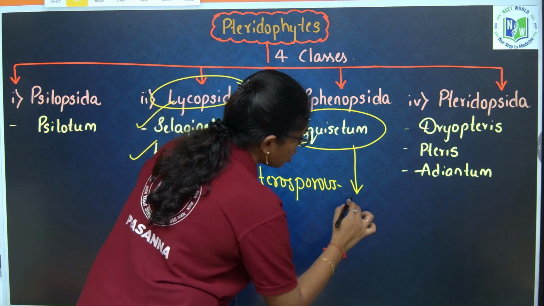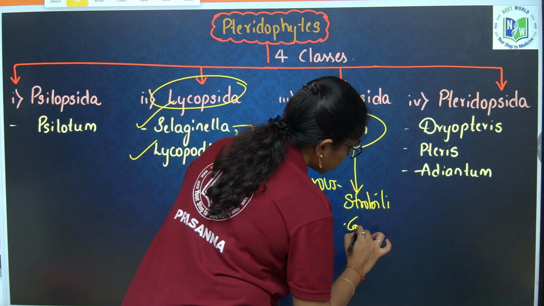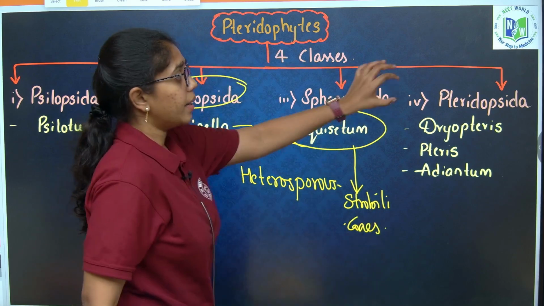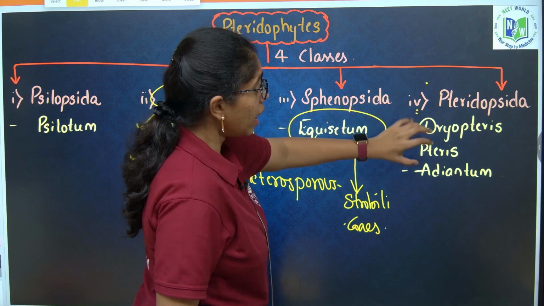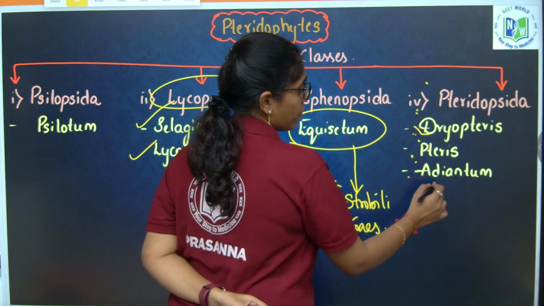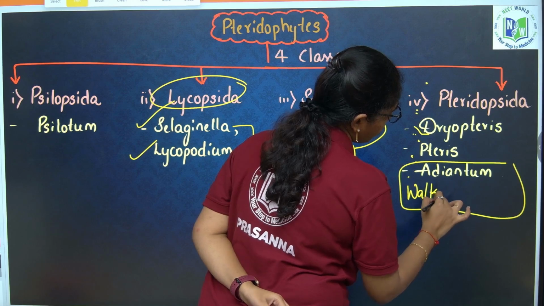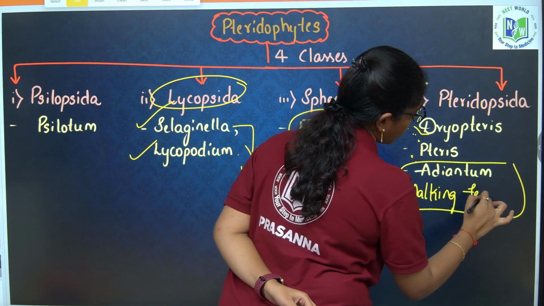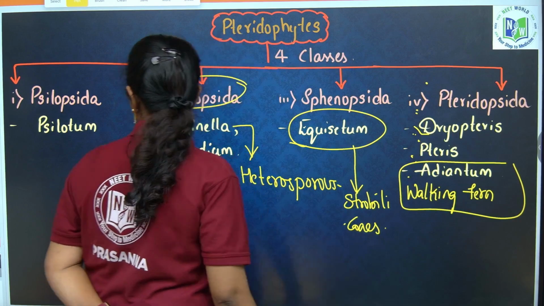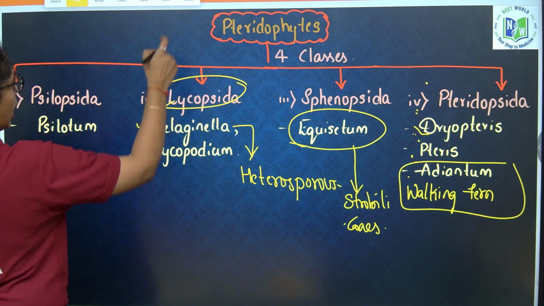This possesses strobili or cones. Pteropsida consists of Dryopteris, Pteris and Adiantum, wherein Adiantum has a very good synonym, walking fern. Clear? So these are the examples you need to remember under all the 4 classes of pteridophytes.